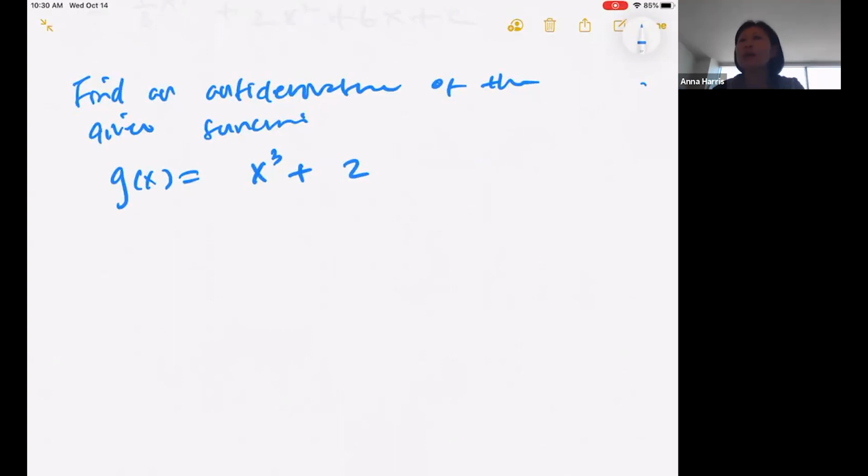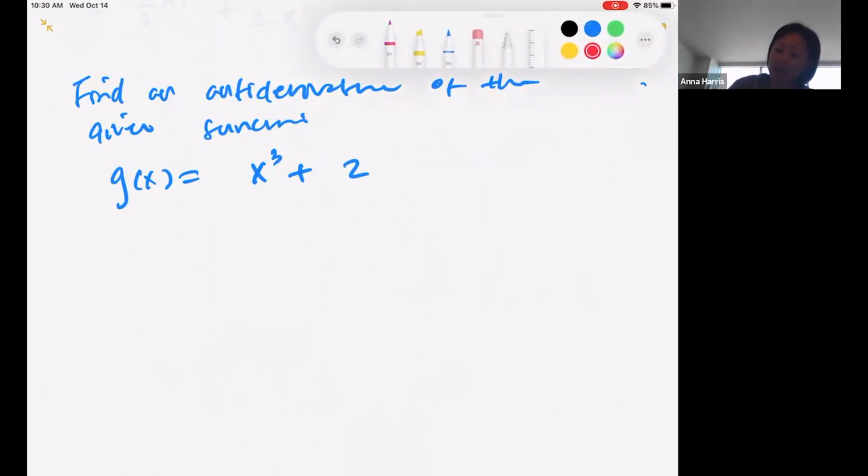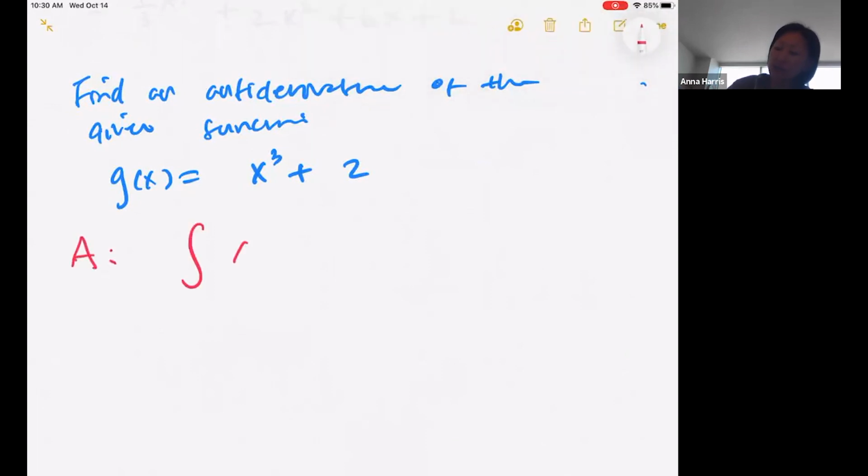All right, find me this antiderivative. I'll give you 1 minute. So I'm asking you to find what? The answer is the antiderivative of x squared plus 2 dx. That's what I'm asking. So find this for me, right?